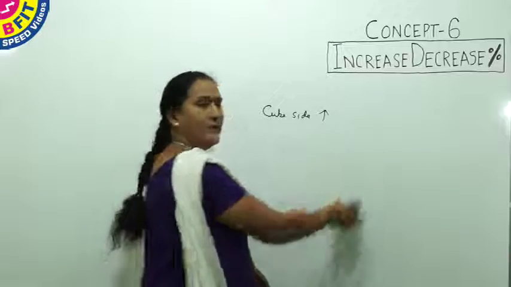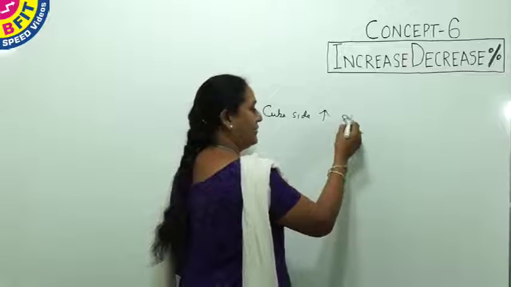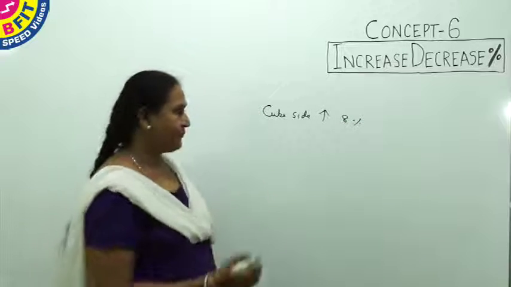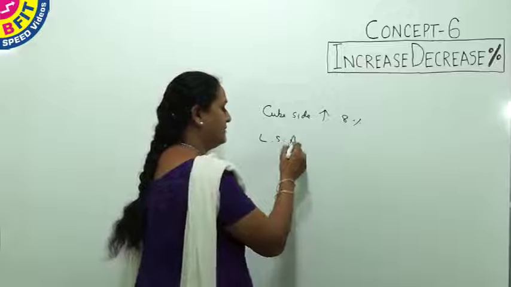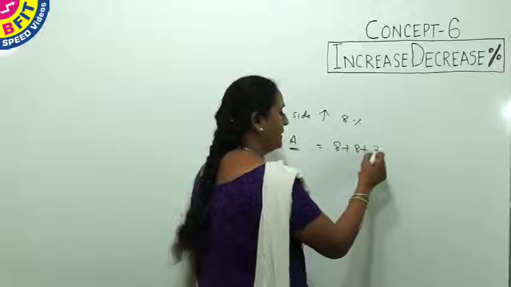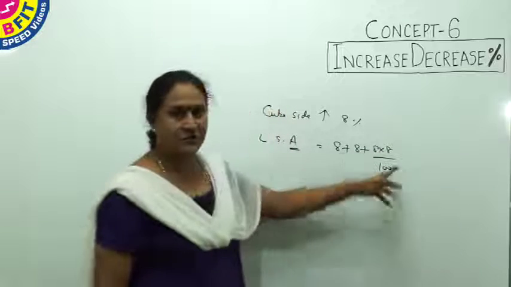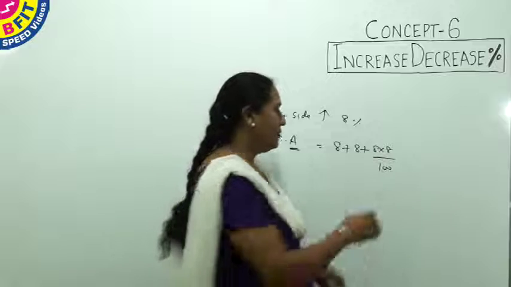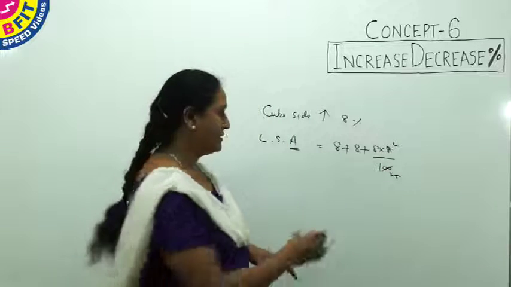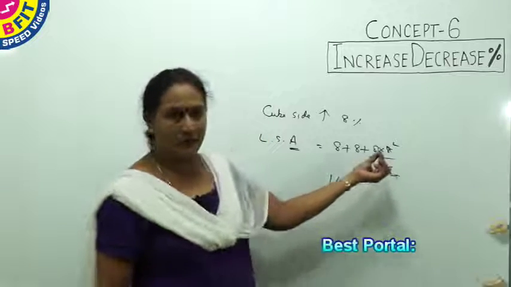Suppose instead of 10%, a value is given which is not a multiple of 10, say 8%. What will be the increase in its LSA, lateral surface area? As it is again area, we can use this x plus y plus xy by 100. Now when we had zeros we cancel, but here don't simplify like 4, 2 and 25. Instead of doing all this, add these two values and then multiply 8 into 8 by 100.